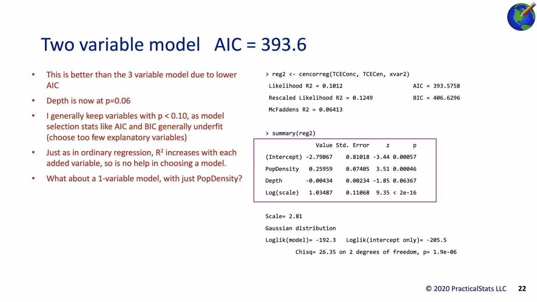I generally, with AIC type fits, would pick anything that's less than 0.1. These things by simulations have been shown that they generally underfit. They generally don't bring in some variables that they should. So they're a bit too strict. And so if you get something pretty close like this at 0.06, you ought to leave it in the model.